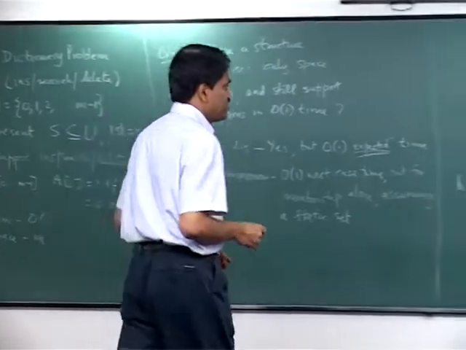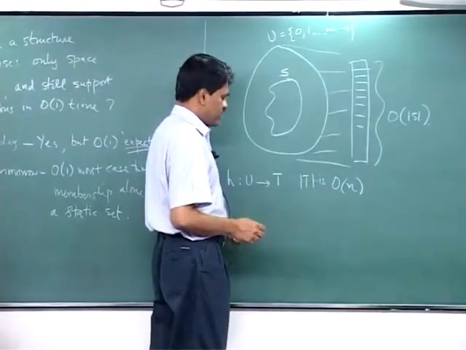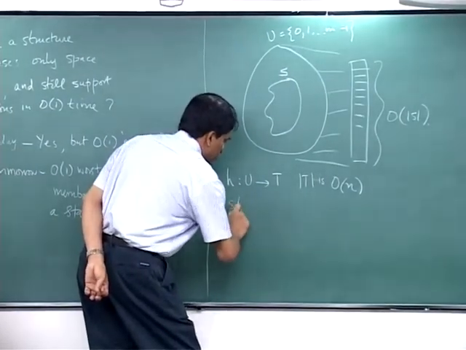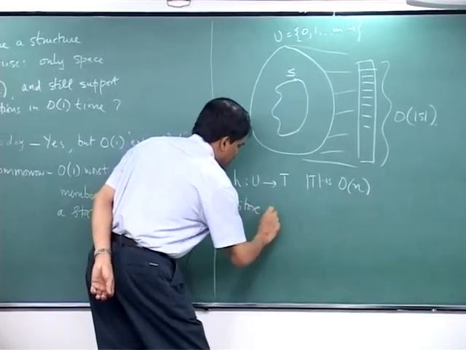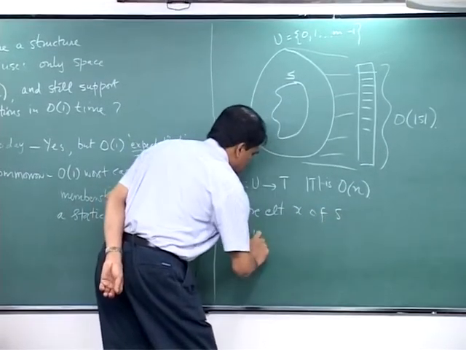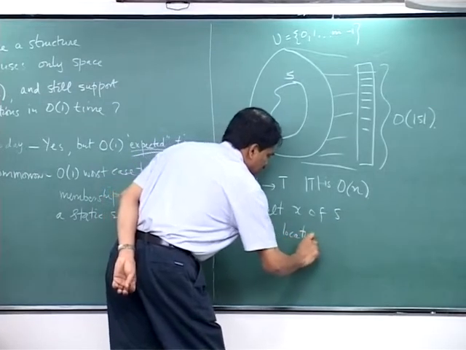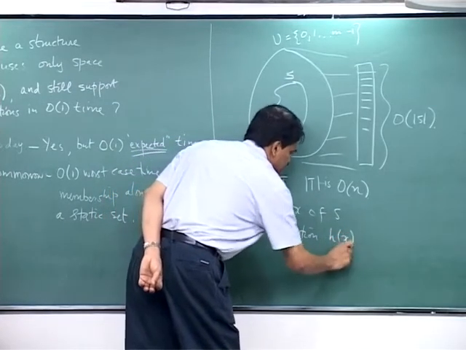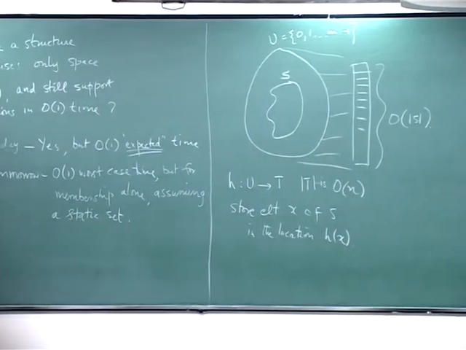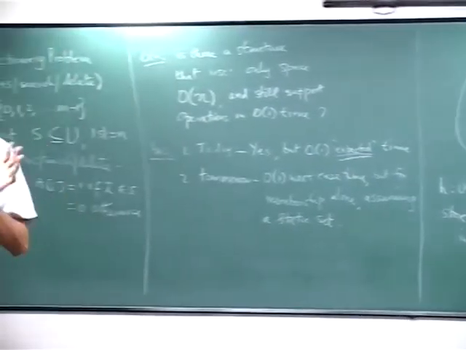Let's say somehow I come up with some function which takes this universe and maps it to a table T, and now store element x of the set you want to represent in the location h of x. Okay. So for every element there is an image which takes you to a table of size order n, and suppose I have such a function.